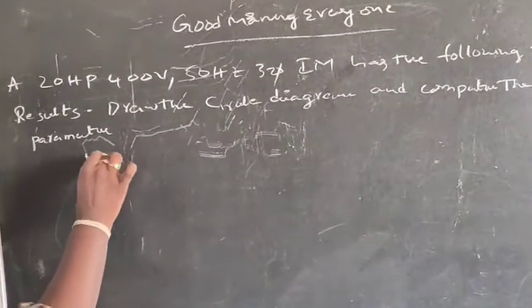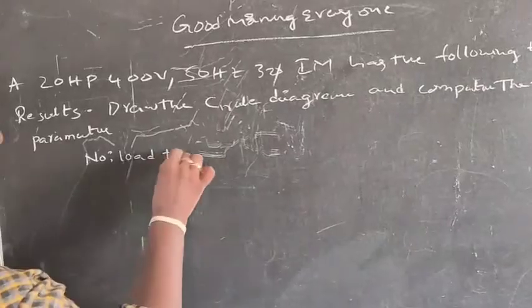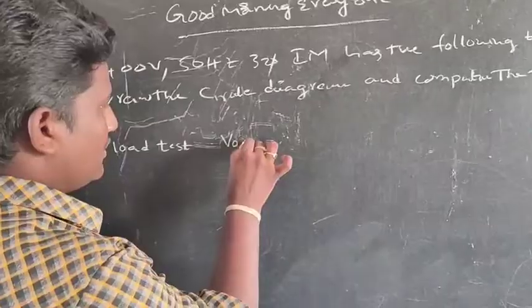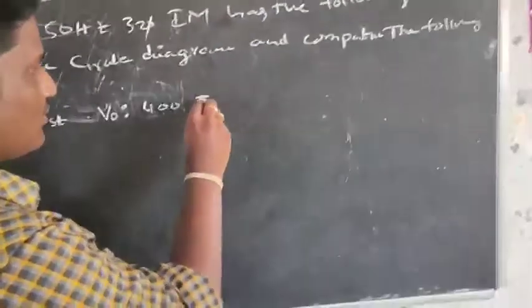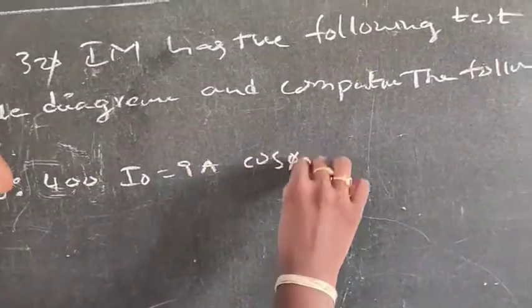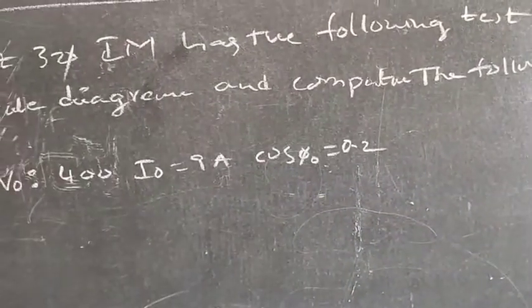The following tests are the no load test, with V naught given, and the blocked rotor test.